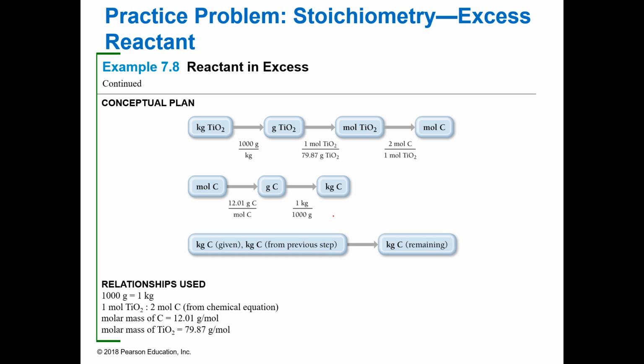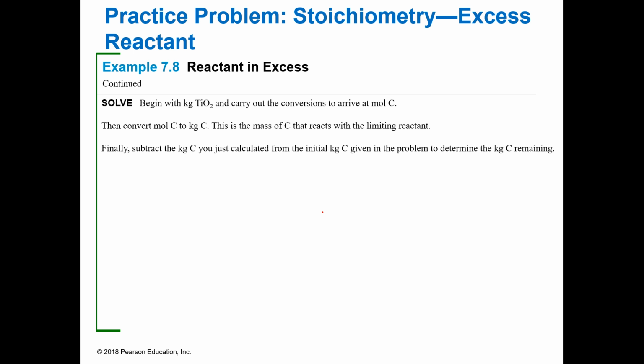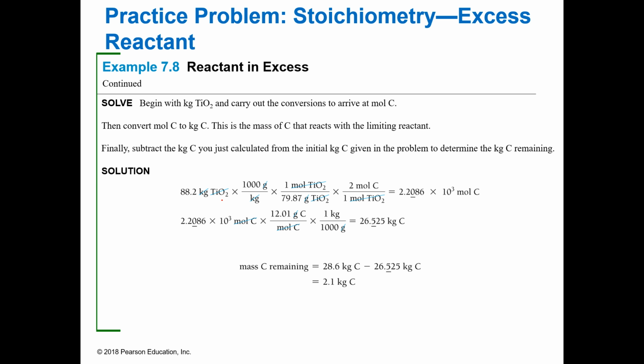Okay, so here we go. We're going to start with how much titanium oxide we started with, because we know it's all going to get used up. Convert it kilograms to grams. Use the molar mass to go to moles. Use the stoichiometric relationship or the coefficients for the balanced equation to go to the moles of carbon. Then I can go from moles of carbon to grams of carbon using the molar mass, and then to kilograms.